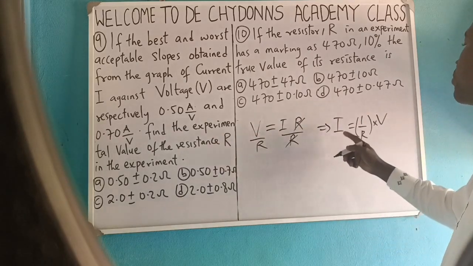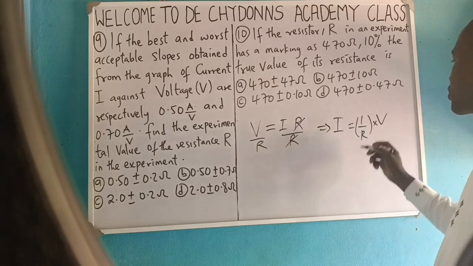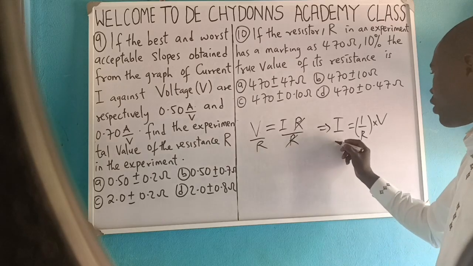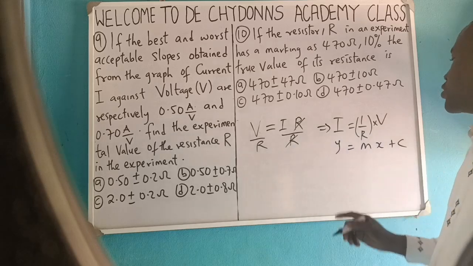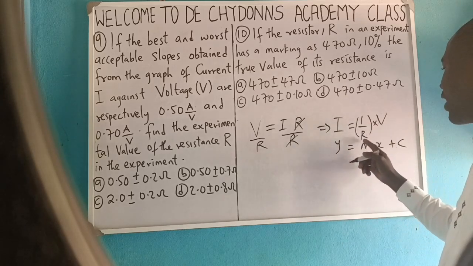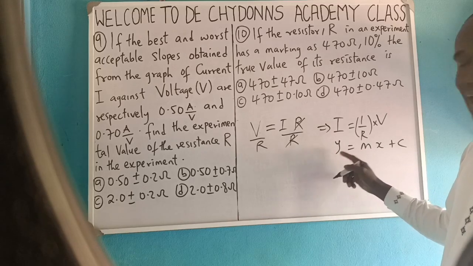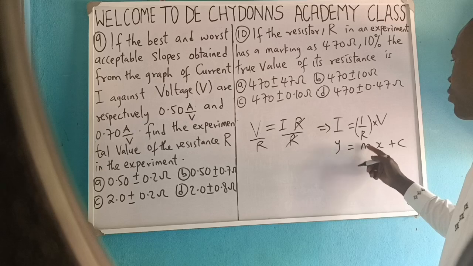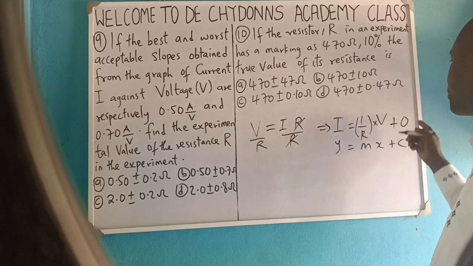That means when you plot a graph of current against voltage, the slope will be equal to 1 over R, from y equals mx plus c. This is what we plotted. When you plot Y against X, here I against V, M will become 1 over R, and the intercept will be 0.